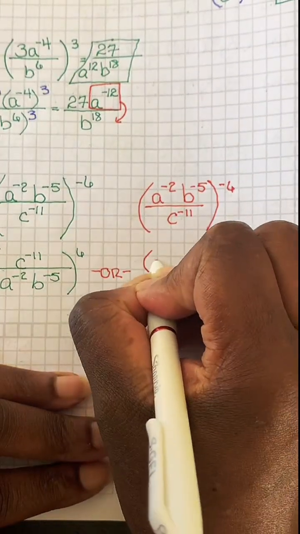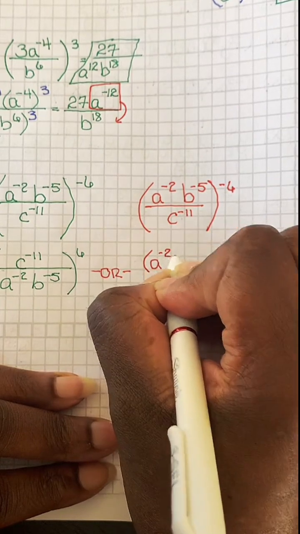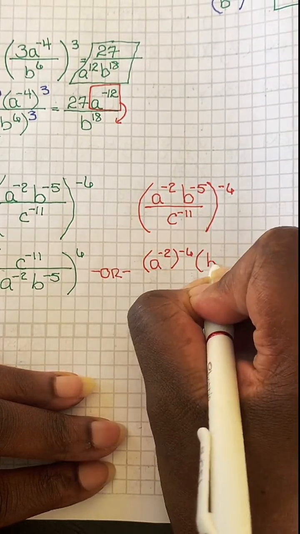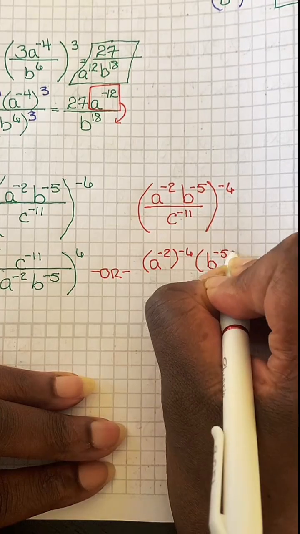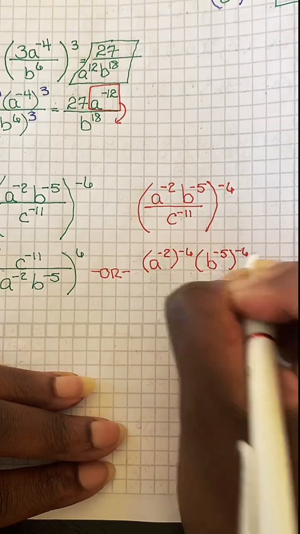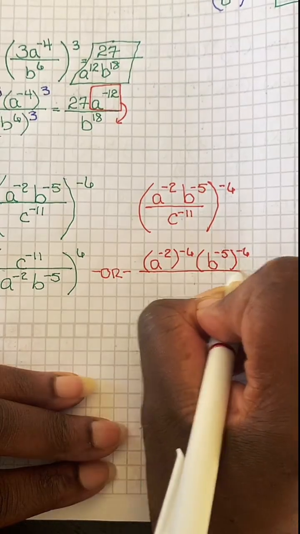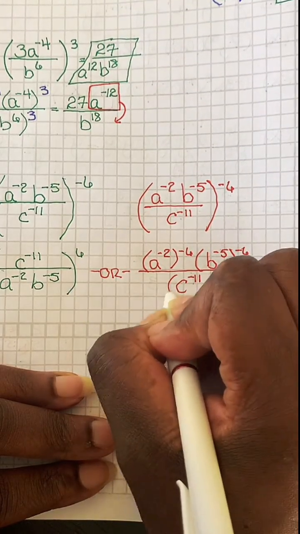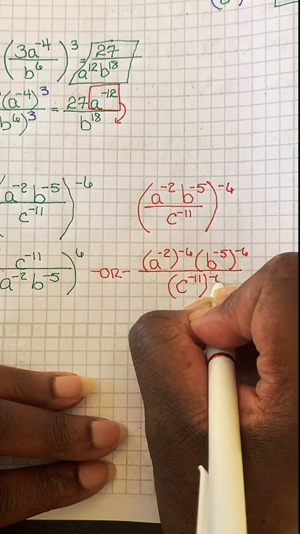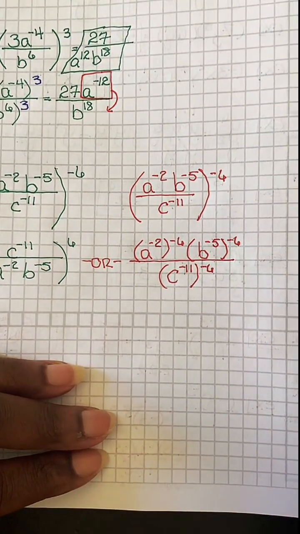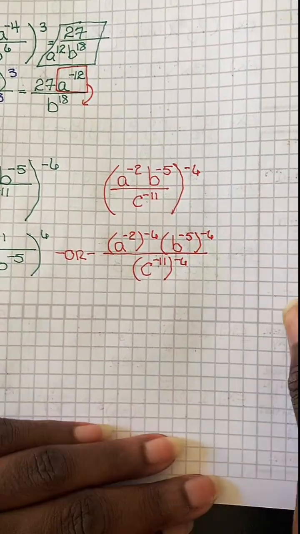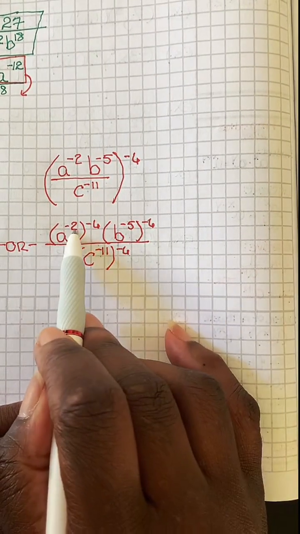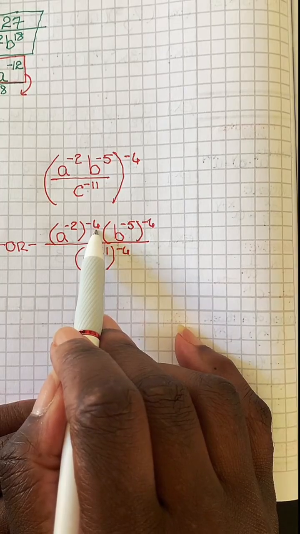We have our a to the negative 2nd raised to the negative 6, b to the negative 5th raised to the negative 6, and c to the negative 11th raised to the negative 6. If you notice, we have an exponent being multiplied by an exponent.